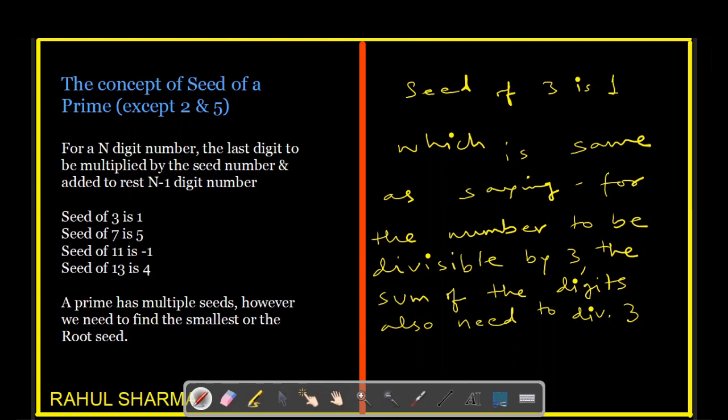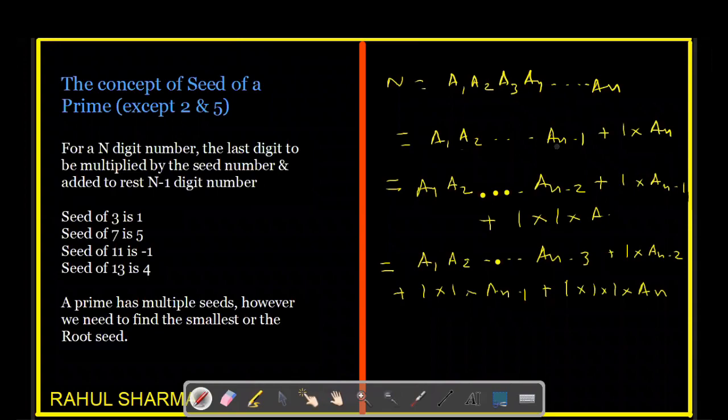We'll see why. Let your n digit number be a1, a2, a3 till an, where a1 is not equal to 0. So when we say seed of 3 is 1, the first step we'll be checking is, we'll be multiplying the last digit with 1 and adding with the rest of the numbers. So the first step becomes a1, a2 till an minus 1, the first n minus 1 digits, plus 1 into an.